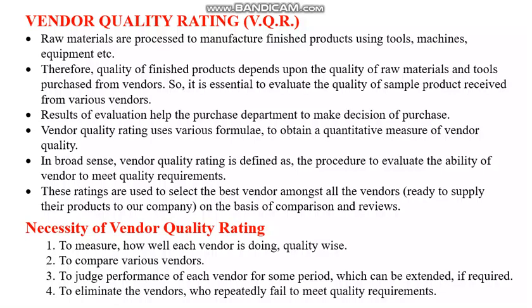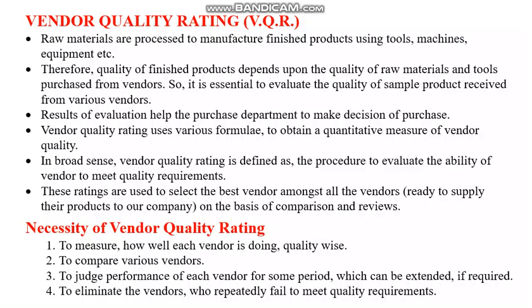These are the vendors. At least the raw material supplier we call a vendor. Raw materials are processed to manufacture finished goods, and we are using tools and machines and equipment for that.